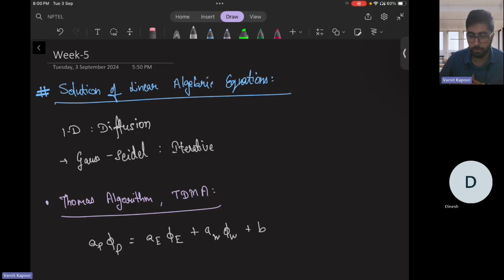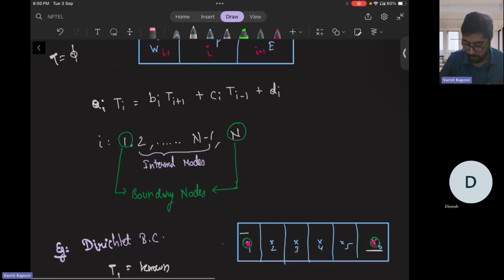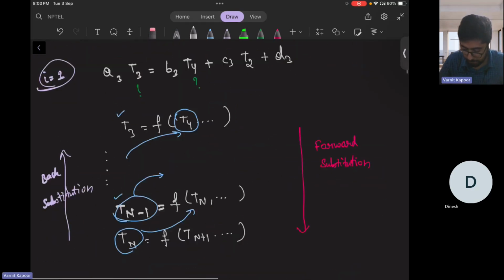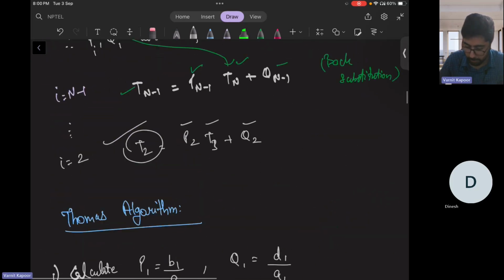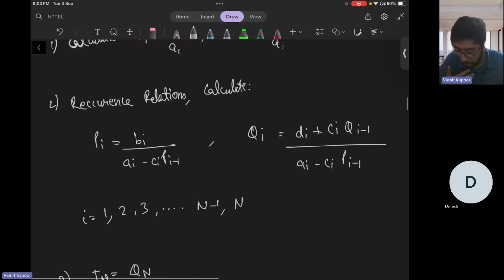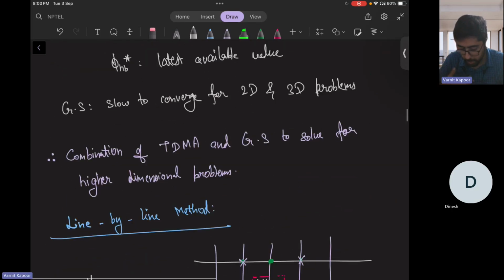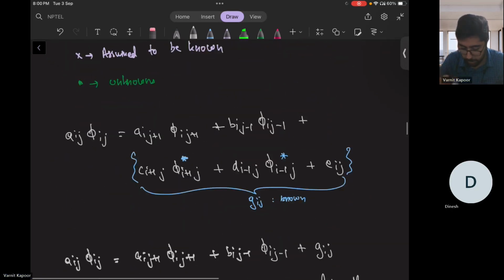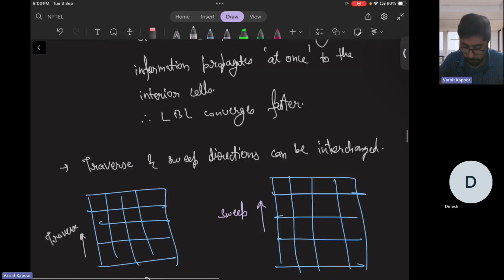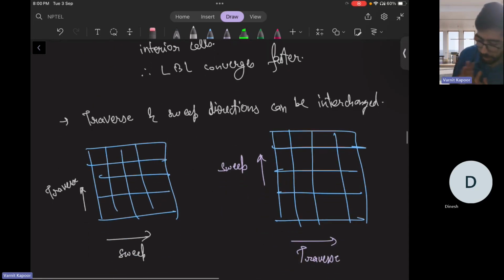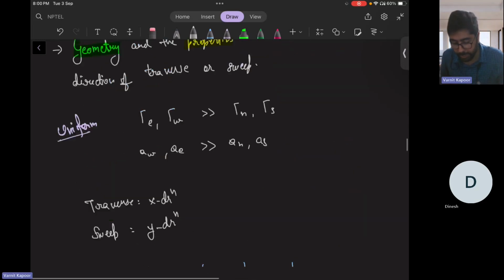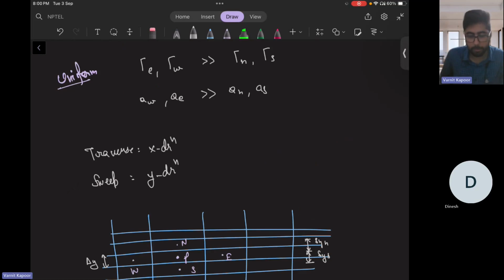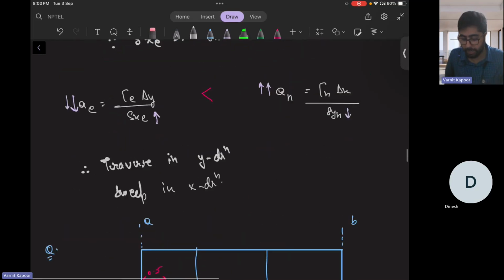Hope I was able to make things clear about the TDMA scheme, what the algorithm of TDMA is, and how you do the forward and back substitutions. You can convert it to 2D as well. You use the line by line method. It's a mix of Gauss-Seidel and TDMA, where you also understood the traverse and sweep directions, and how they are affected by the properties and the shape of the grid.